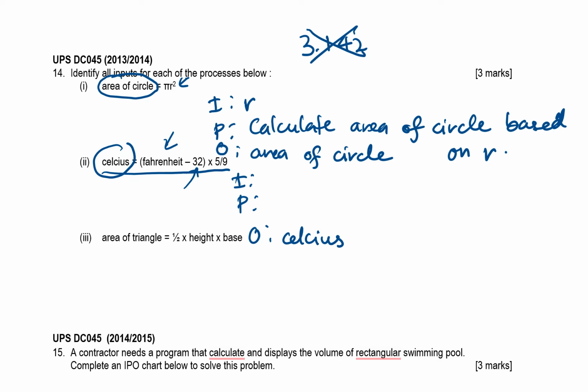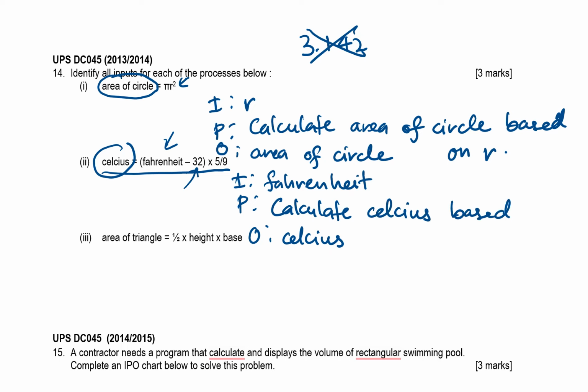So, the input is Fahrenheit. What is the process? Calculate Celsius based on Fahrenheit.